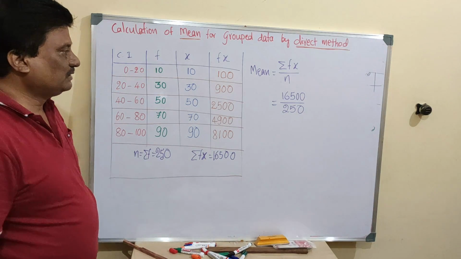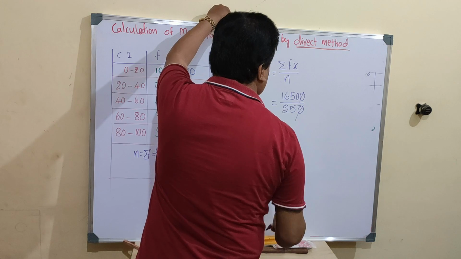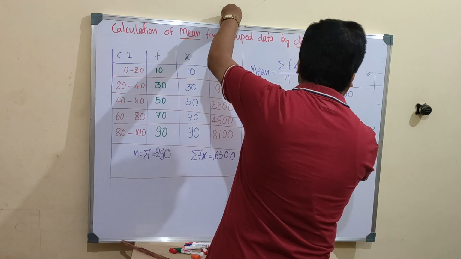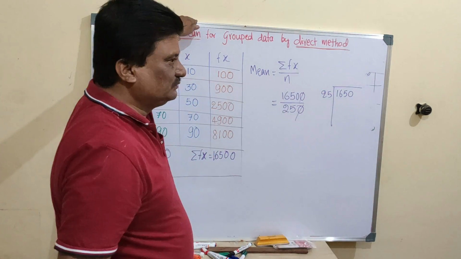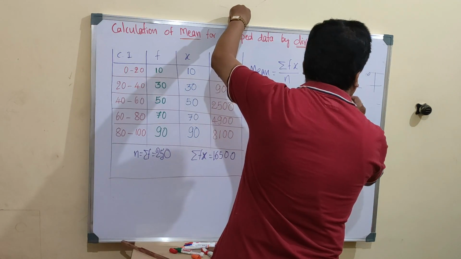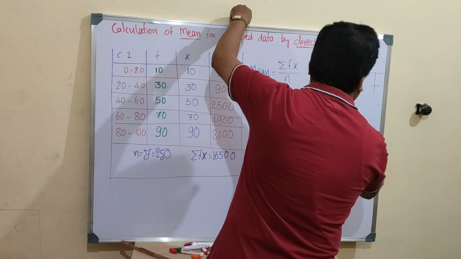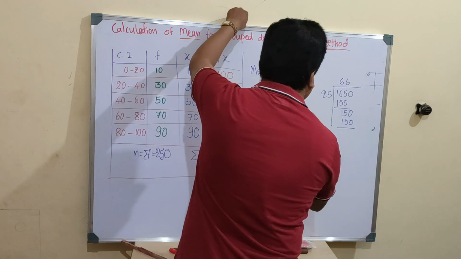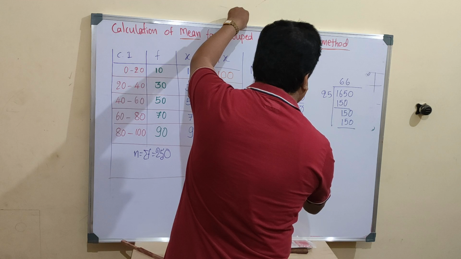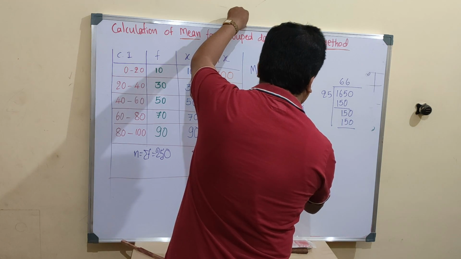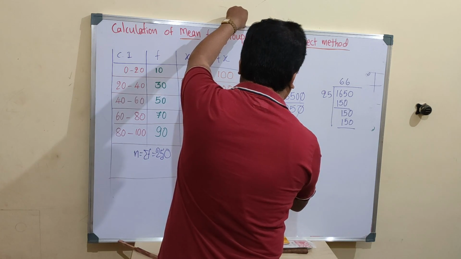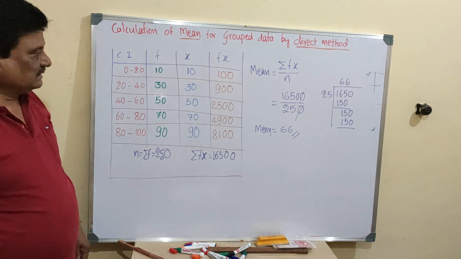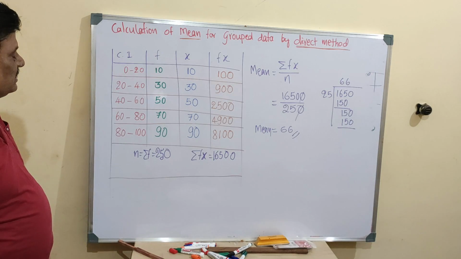So 16,500 by 250: the zeros cancel, and 1650 divided by 25. 25 times 6 is 150, so we get 66. 66 is the mean of the given frequency distribution table.